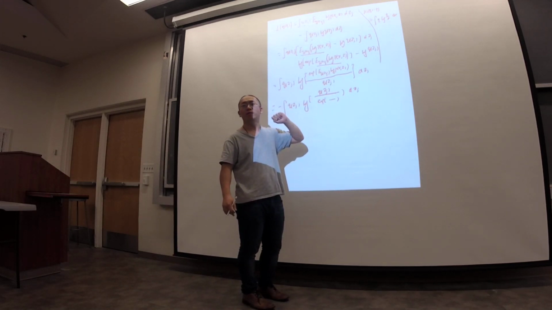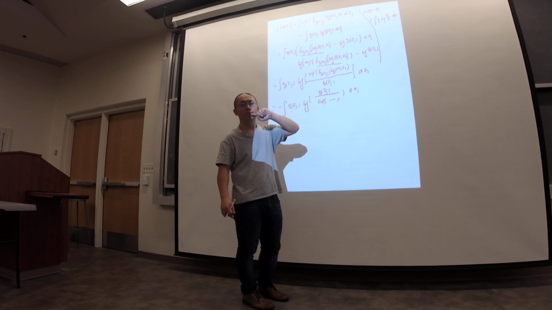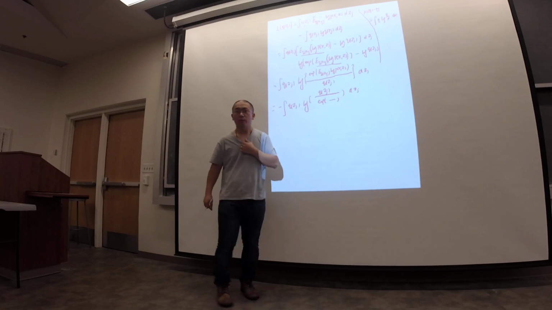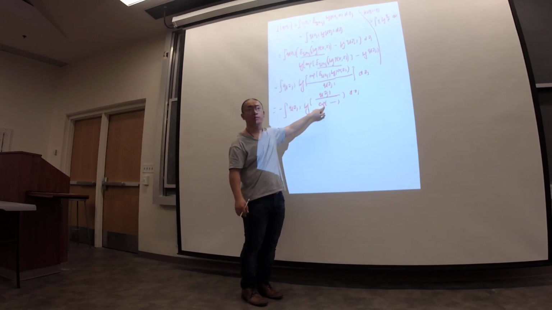Why? Is that a constant? The distribution was within the expectation operation, so that's basically a constant. Yeah, exactly, right? Because this is a valid distribution, but this is not a distribution.